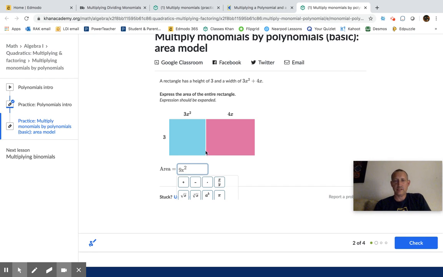And then 3 times this one over here. So it's going to be plus, because you see we're adding here, 3 times that monomial. So that'd be 12x. The x doesn't change because we're only multiplying the numbers together. But you still got to put the x there.